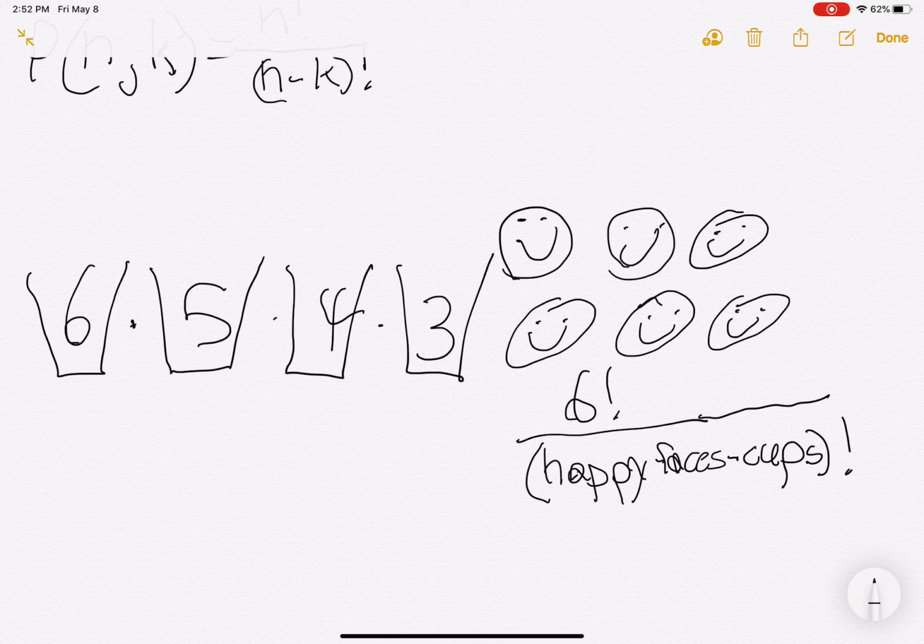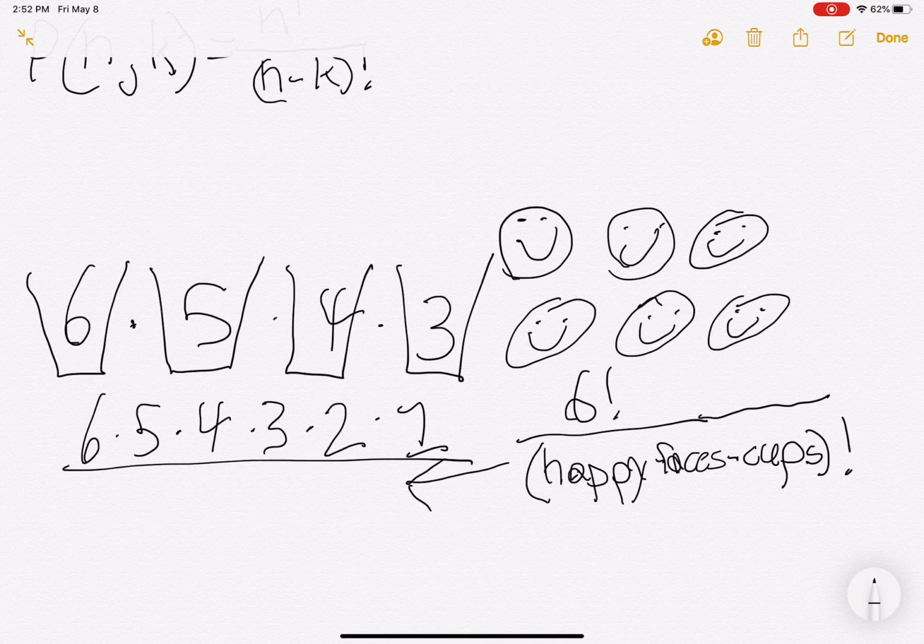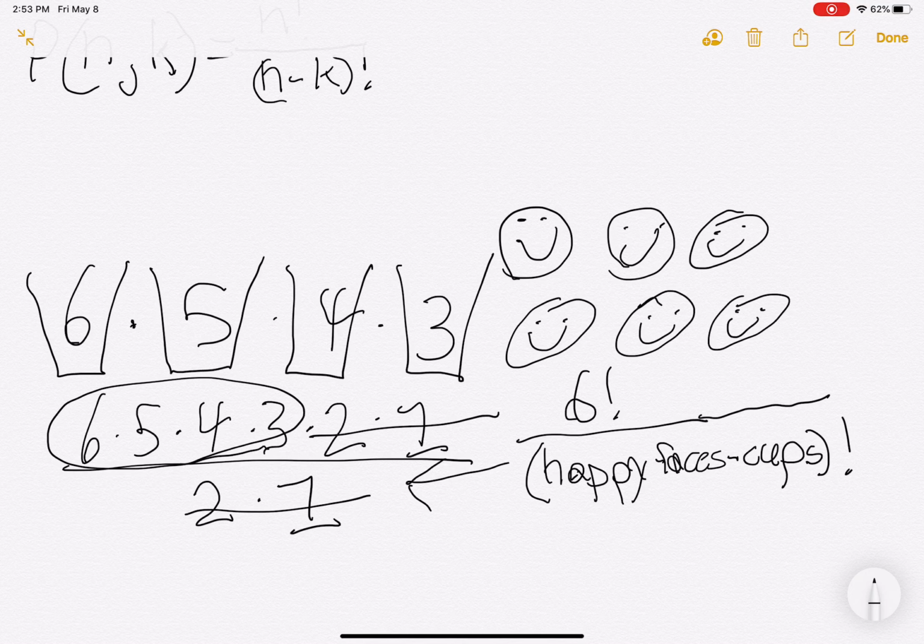Okay, so we can write that as 6 times 5 times 4 times 3 times 2 times 1 over happy faces minus cups. That's just 2 factorial, actually. So that's 2 times 1. You can cancel the terms, and there you go. We get the same answer, just like so.